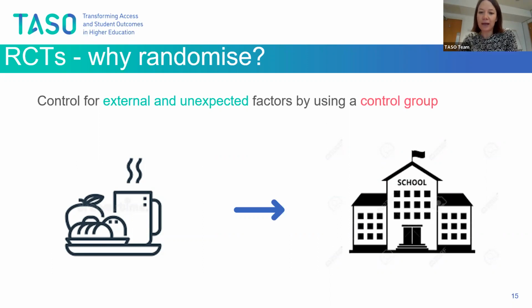Well, because we will randomly allocate people to our intervention and control, we can assume that the likelihood of them seeing or hearing the national campaign about healthy eating is the same for both groups.